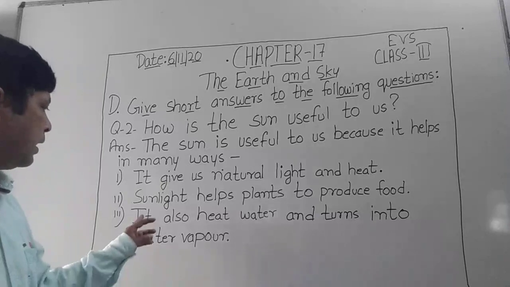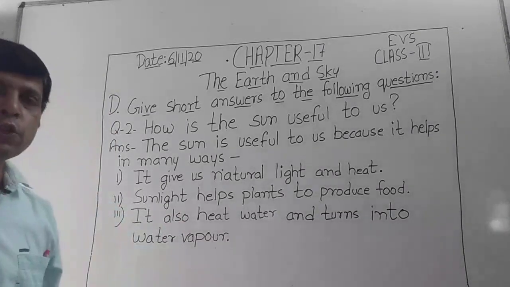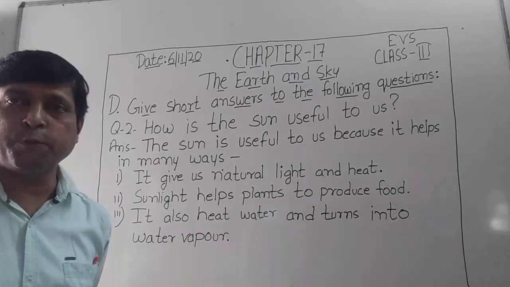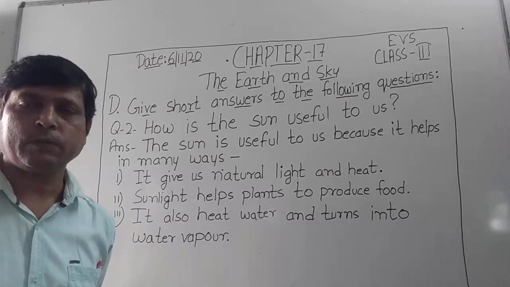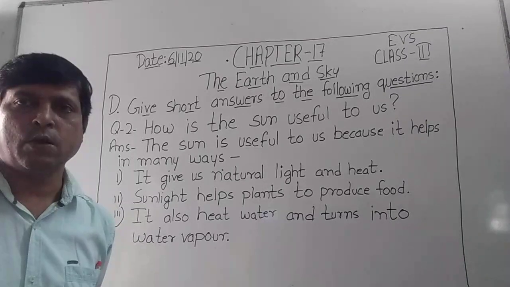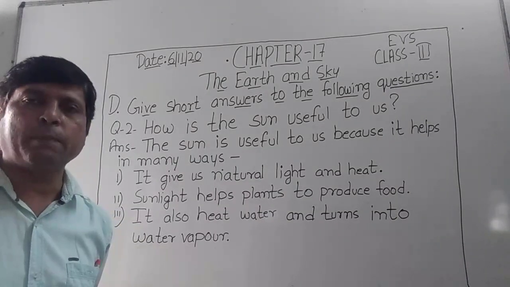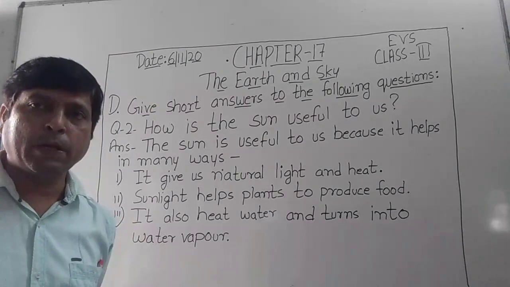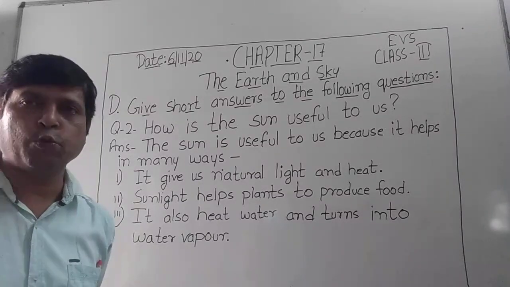Another importance of sunlight is that, see student, plants can prepare their own food in the presence of sunlight, and this process is known as photosynthesis. If plants prepare their own food in the presence of sunlight, air, water and minerals, that is the full definition of photosynthesis.